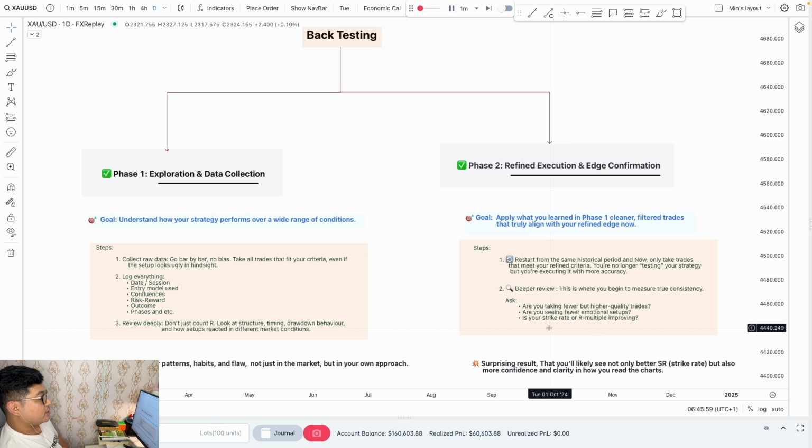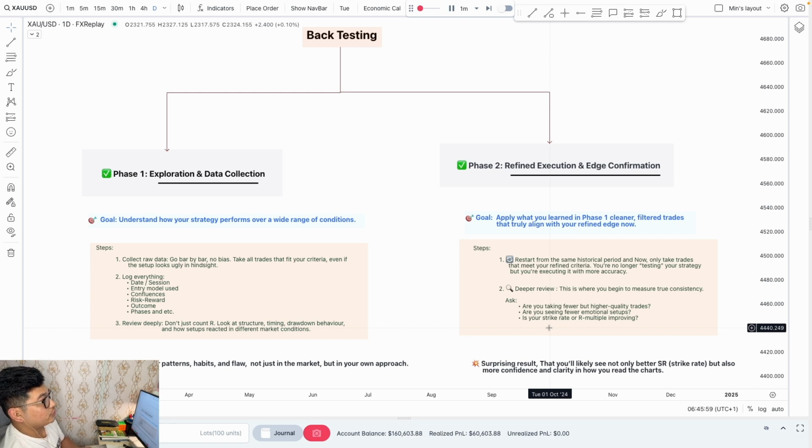Are you seeing fewer emotional setups, right? Or is your strike rate improving? And I can really guarantee, if you follow this process, your strike rate is definitely going to improve, and your risk to reward, your profit, is going to be slightly increased compared to phase 1.